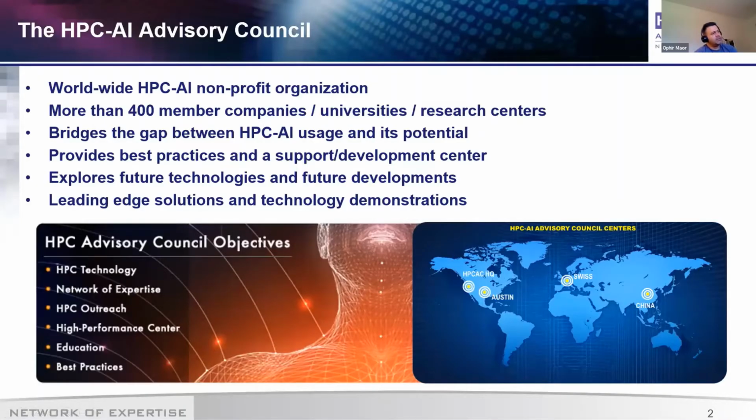A little bit on the HPC-AI Advisory Council. It's a non-profit organization. Many institutes, universities, and research centers are members and try to bridge the gap between HPC and AI. We do a lot of performance benchmarks, student cluster competitions, and conferences around HPC and AI. These are some of the members.